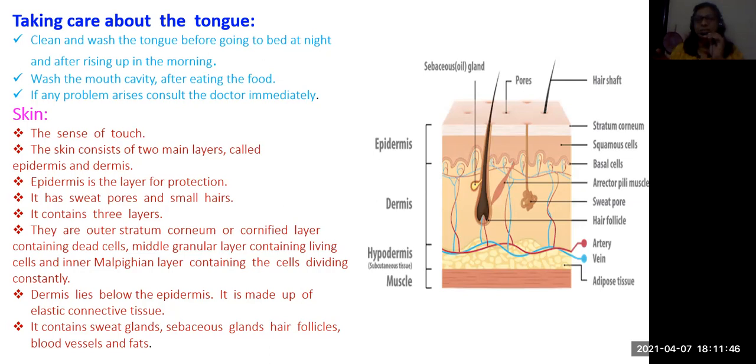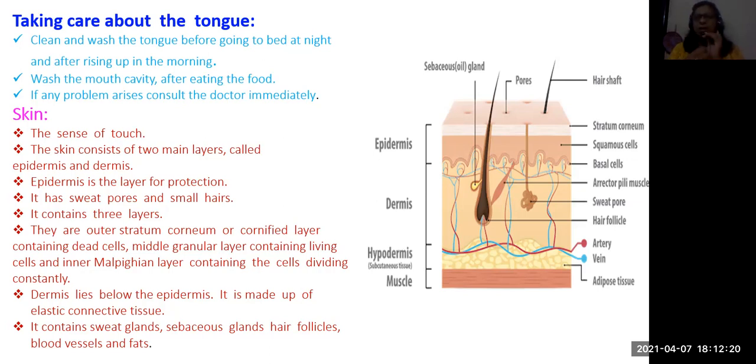These dead cells are also very important, so that the sole may not feel pain when you step on stones, when compared to other parts. So that is the importance of the dead cells, or the cornified layer, which is always substituted by the Malpighian layer. It will form new cells.